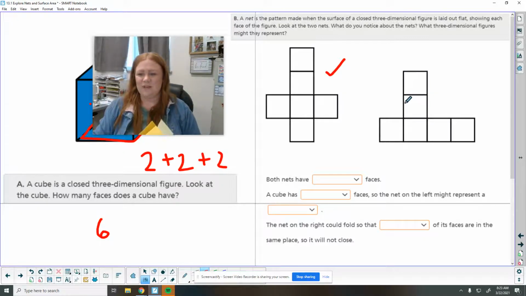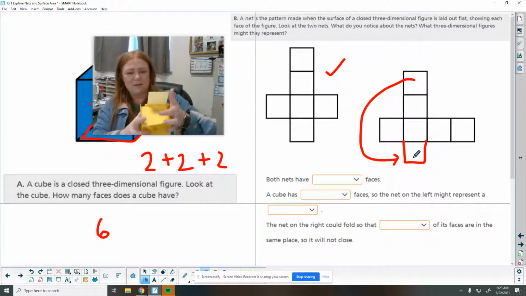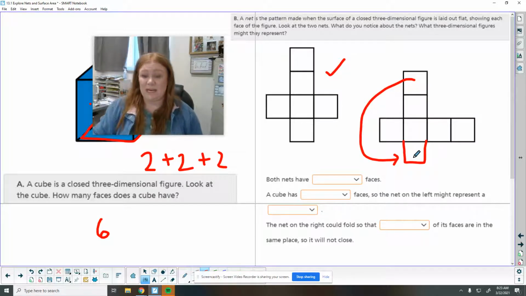So when we drew this one, we need to have this piece over on the other side because then they'll connect. Otherwise, it folds up on itself. It folded over on itself. We had a piece 2 times and not the one that we needed.